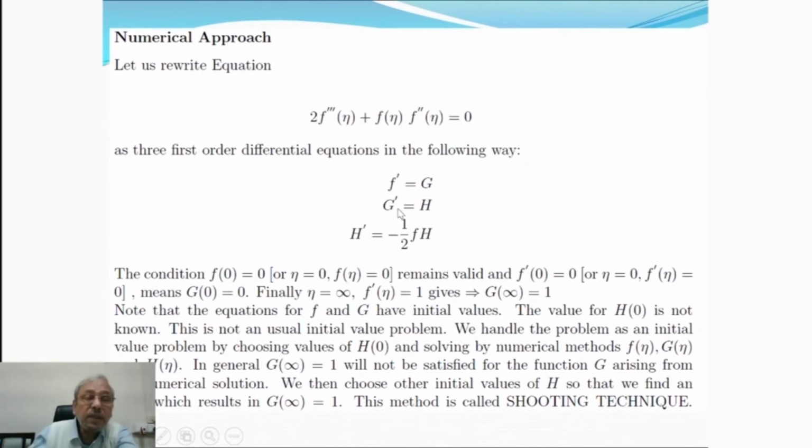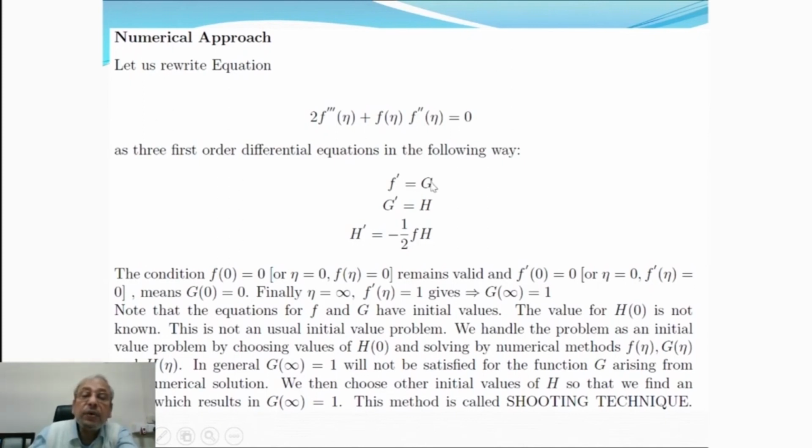Now that we can solve if we know the value of g naught. Value of g naught means f prime naught, so that is also known.